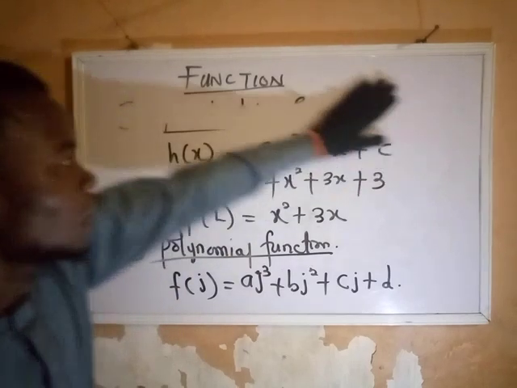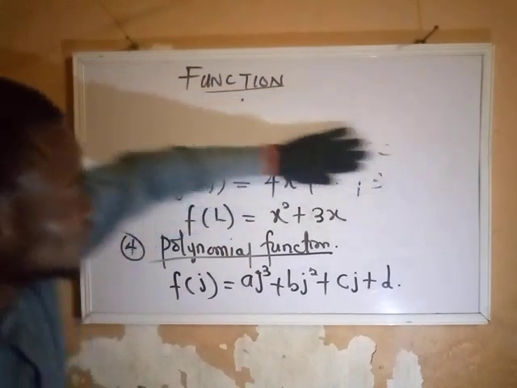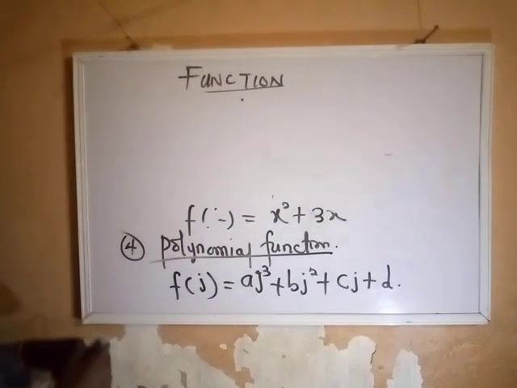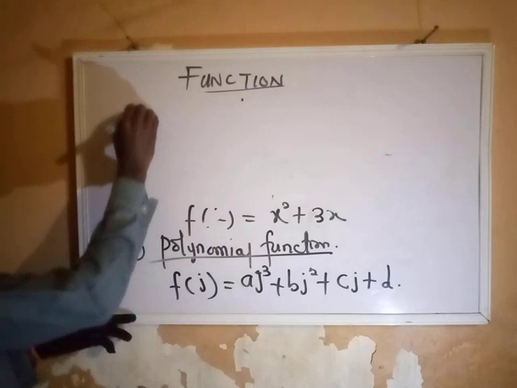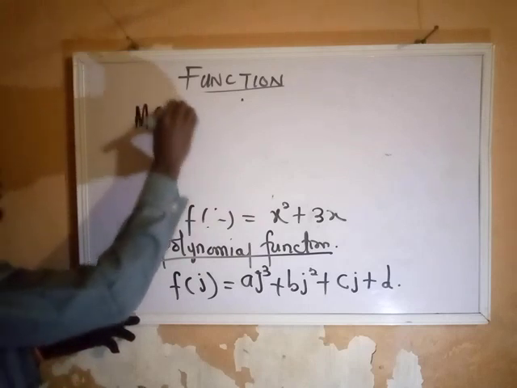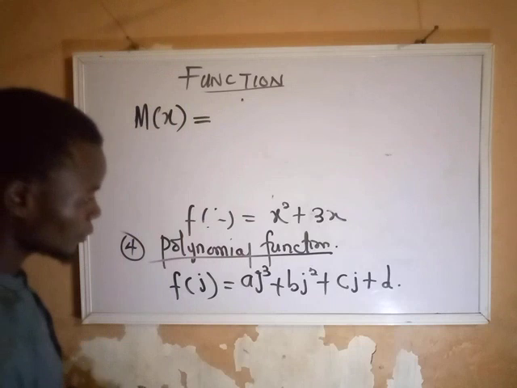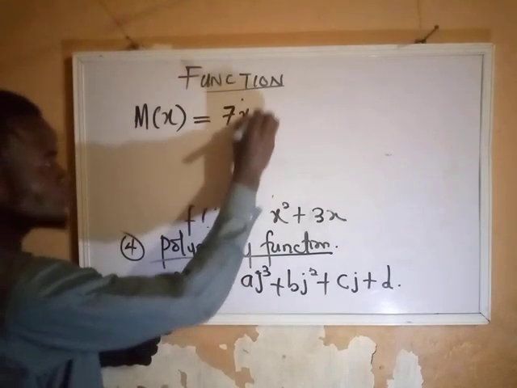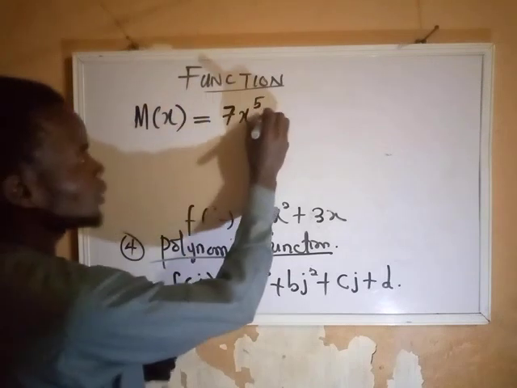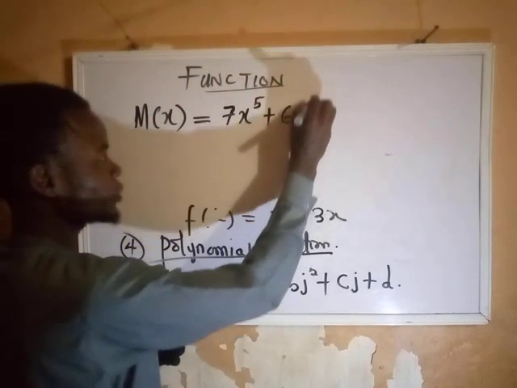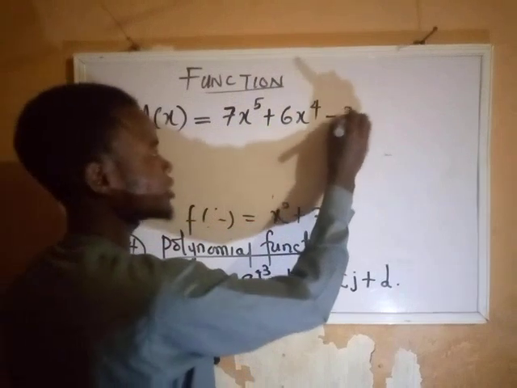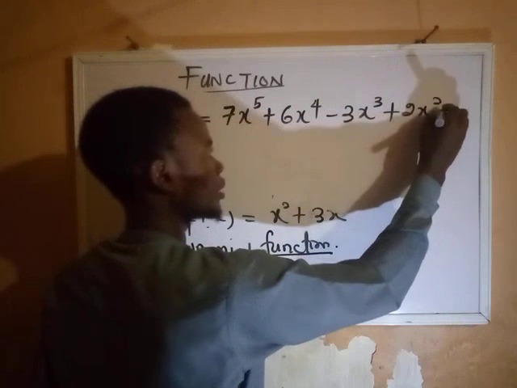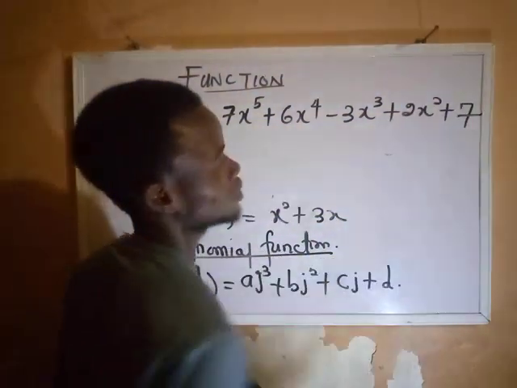Another example that I will use to buttress more on this polynomial function is, let's say for instance, you are given m(x) equals 7x raised to the power of 5 plus 6x raised to the power of 4 minus 3x raised to the power of 3 plus 2x squared plus 7.